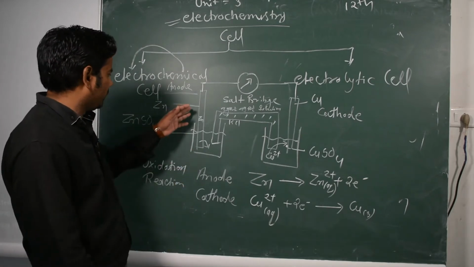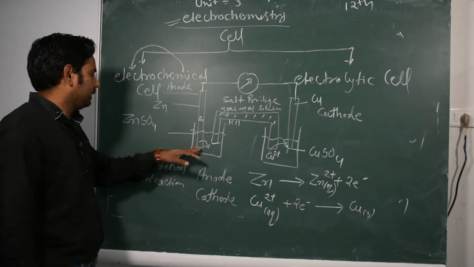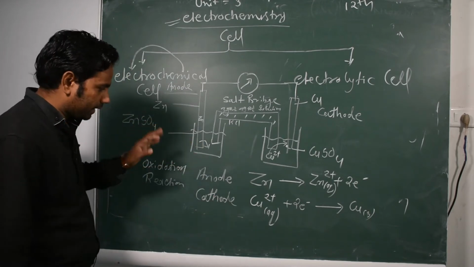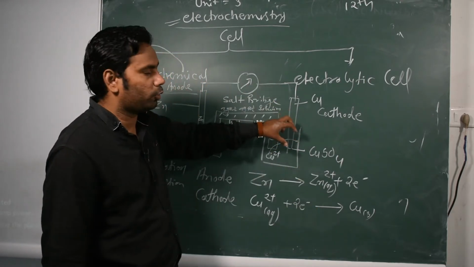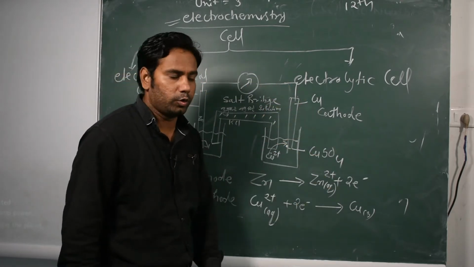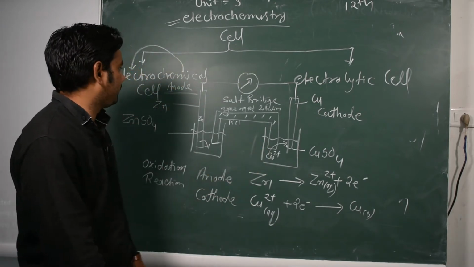After some time the anode is fully dissolved in the zinc sulfate solution and the copper is deposited at the cathode, so you change both electrodes and reuse the electrochemical cell.